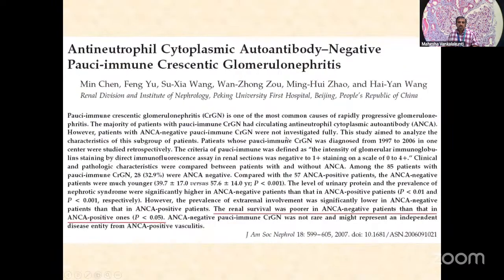So moving on to the prognosis, ANCA positive versus ANCA negative. This article and others have also validated that the ANCA negative pauci-immune glomerulonephritis behaves poorer than the ANCA positive GN.